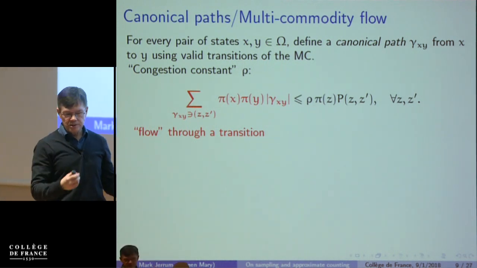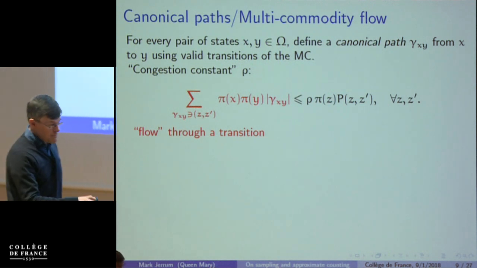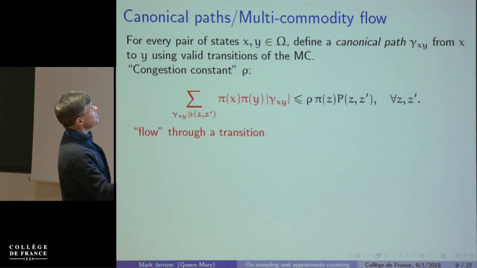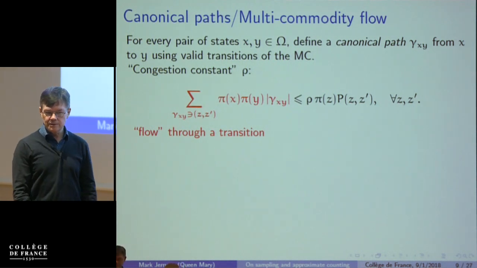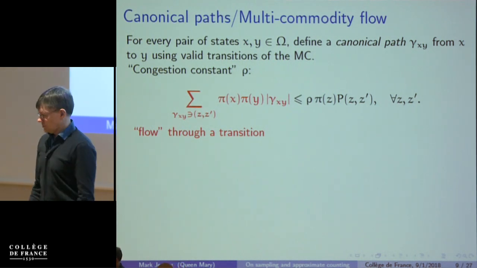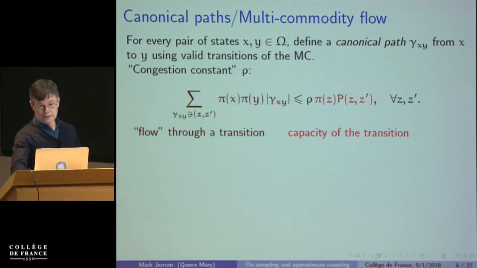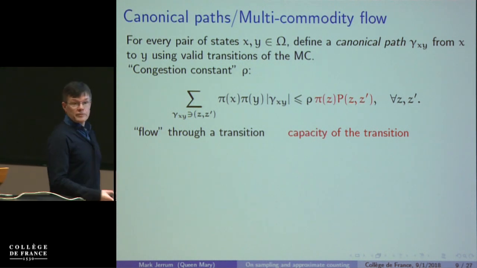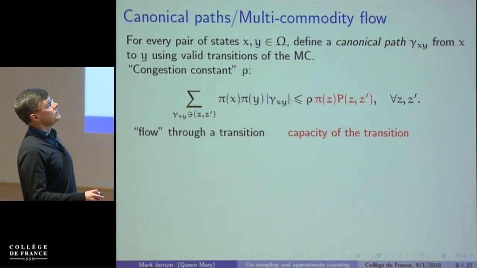So for each transition, we measure the flow, which is a measure of how many paths use that transition. If you know network flow, it's like that. On the right, we have the capacity of the transition to support that flow.